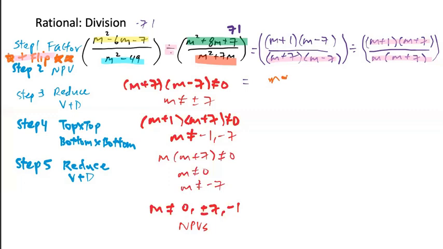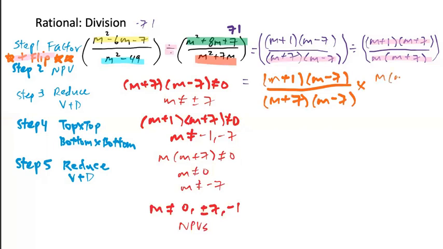So m plus 1, m minus 7 over m plus 7, m minus 7 times, I flip this. When I flip this, I change the division sign to the multiplication sign. There we go. And now we can perform step 3.